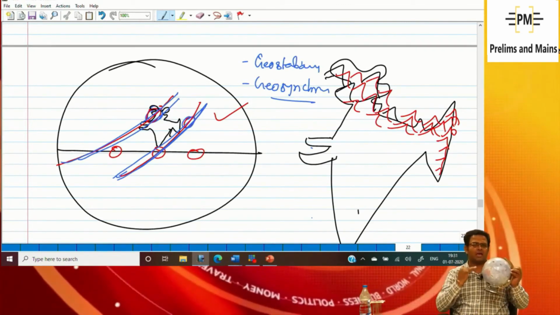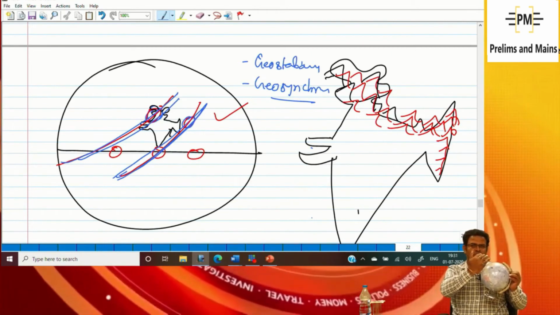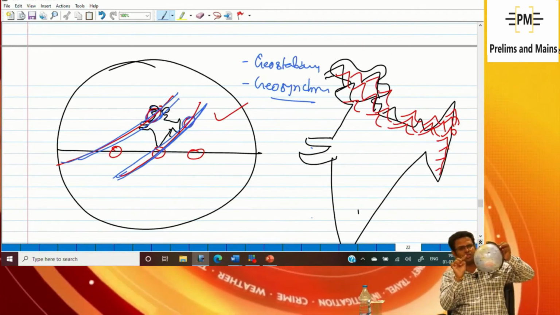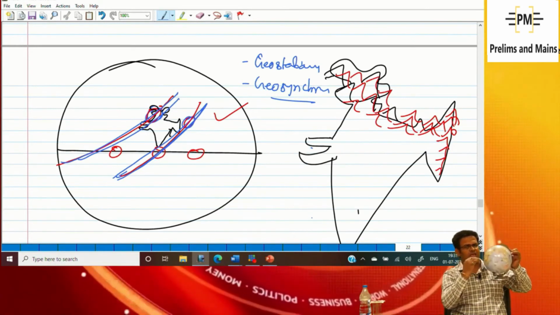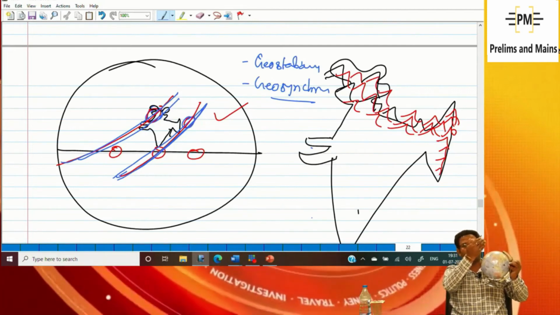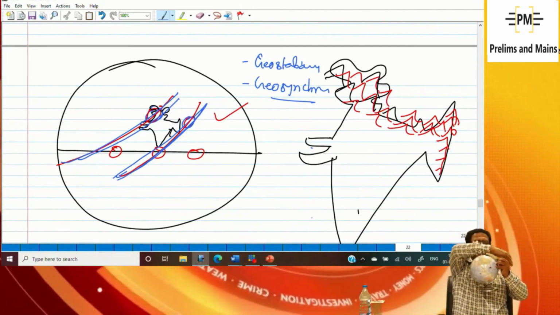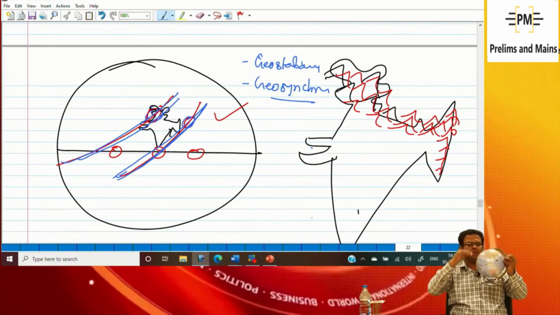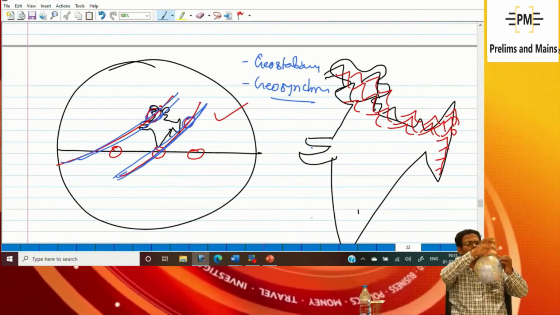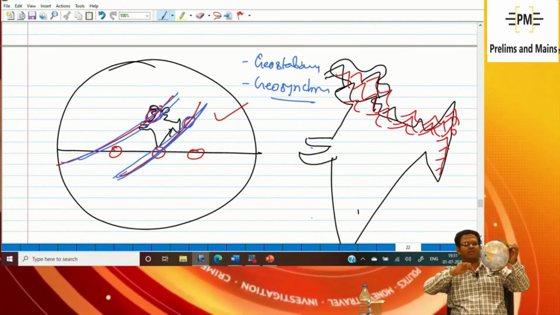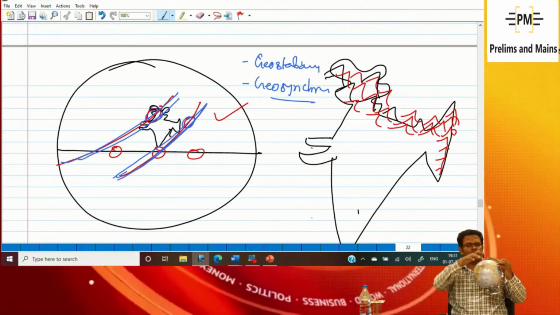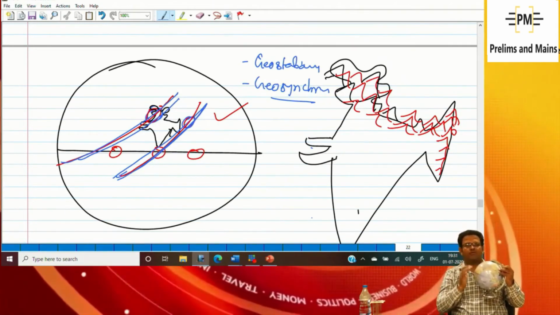If one is going back, another should come to this position, because it is moving. In the case of geostationary, it is moving in the same fashion as the Earth, but in the case of geosynchronous, one is going back and another has to come over there to cover Russia. If one has gone back like this, because it is at an angle, it is rotating, rotating, rotating. If it is at an angle, then it will also come into the southern hemisphere. So to cover, if one is going back, then another has to come over to cover.